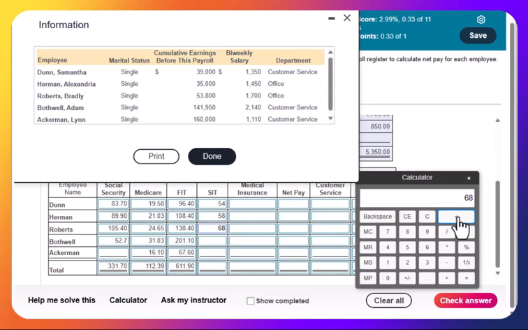And then Bothwell, we will take his 2140, 8560. Then we have Lynn Ackerman here, 1,110, 4% of that number is 4440, or 0.4. And then we can add these guys through for a total of $310.